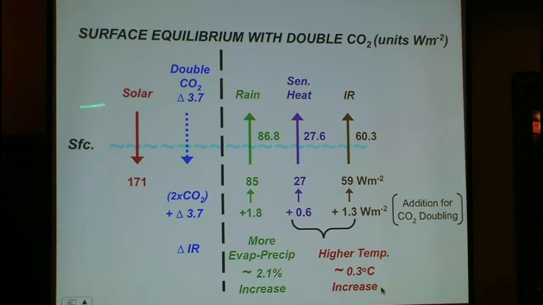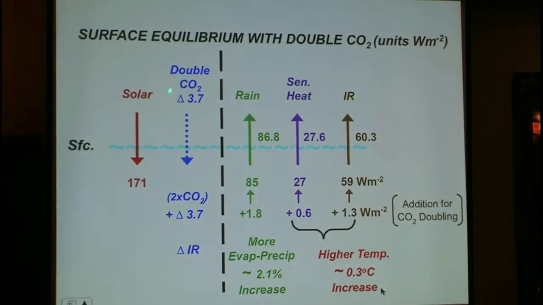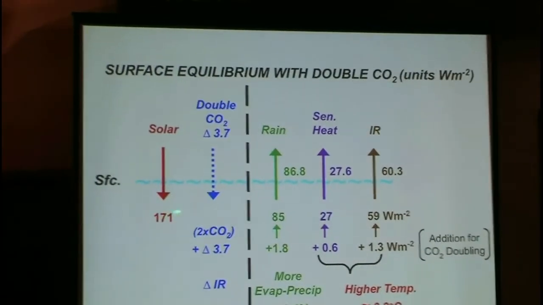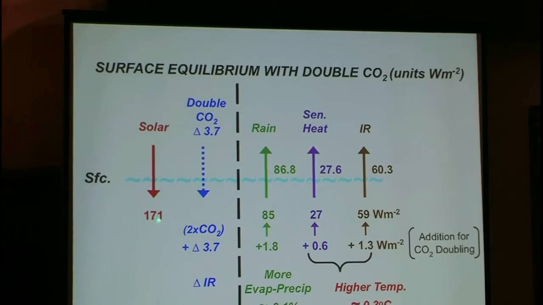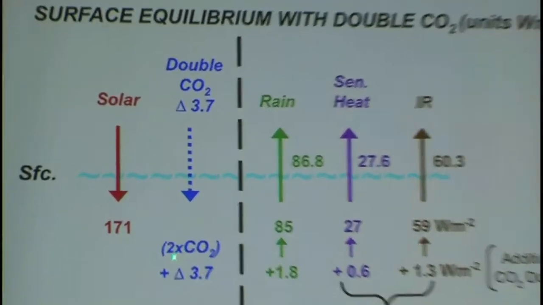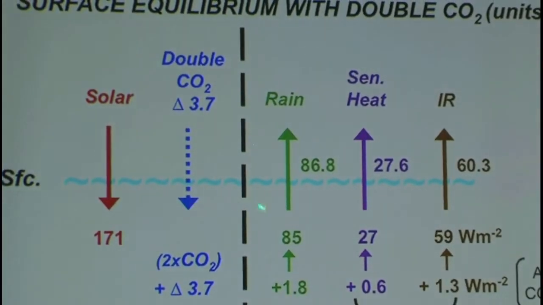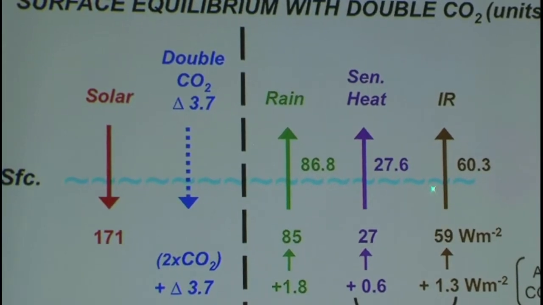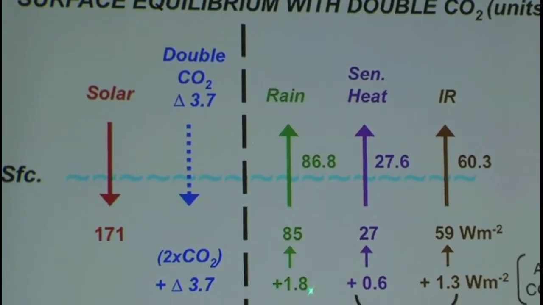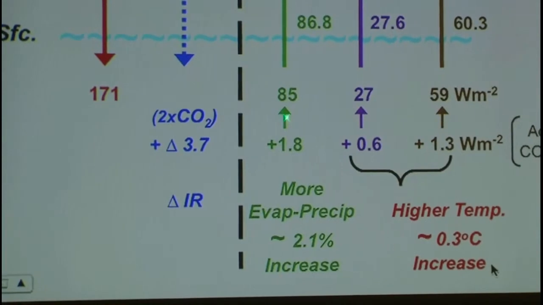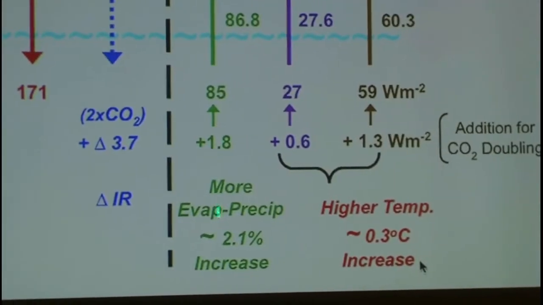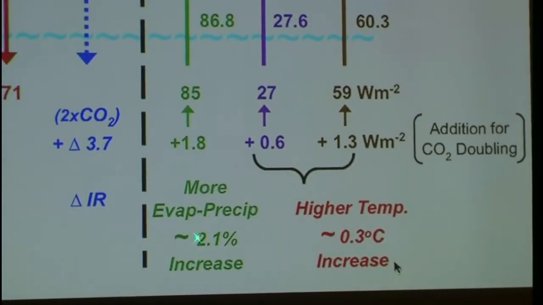Now, if we double CO2, the estimates are that about 3.7 watts per square meter will come in and warm. So we'll have additional warming of about this. If this were parceled out, as it is now with the total system, you would have the rainfall increasing a little over 2%.